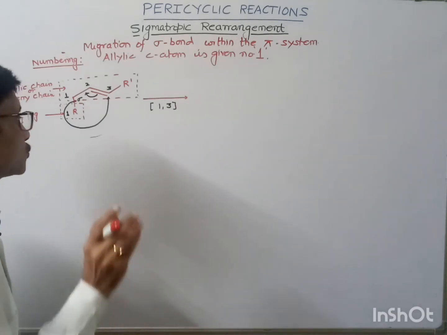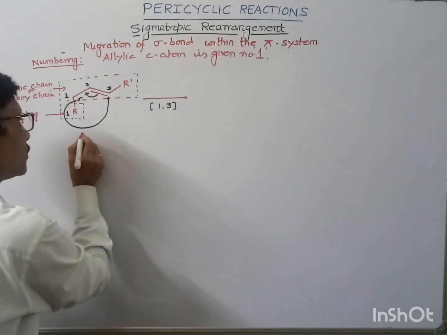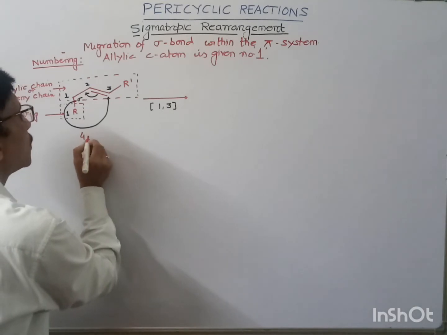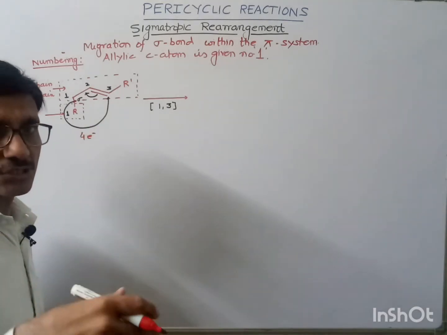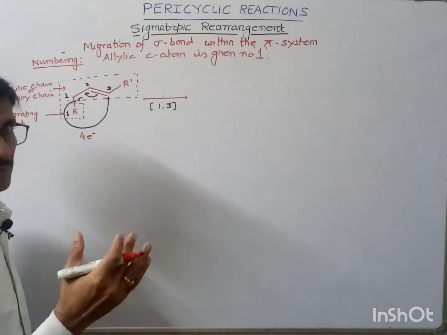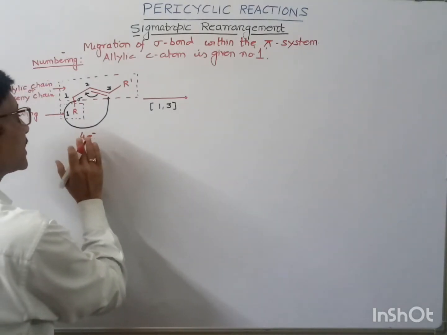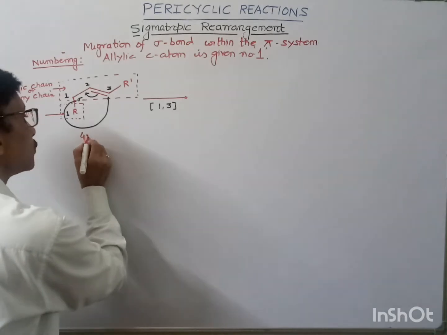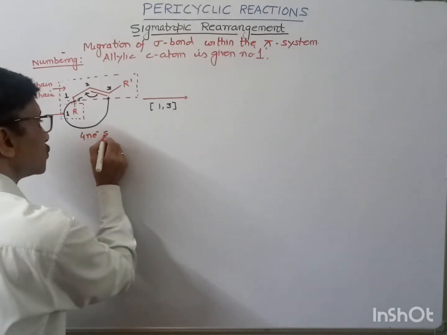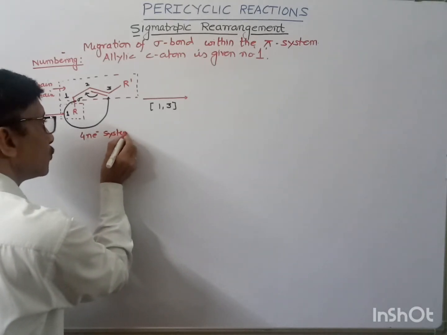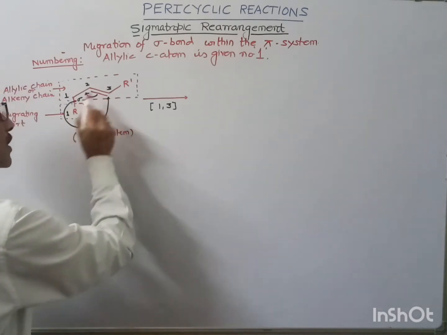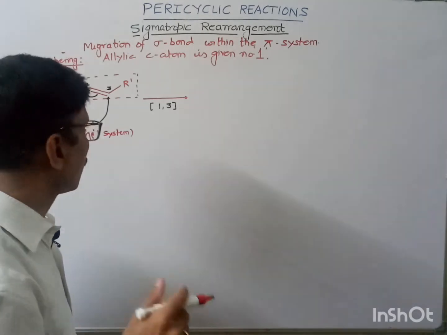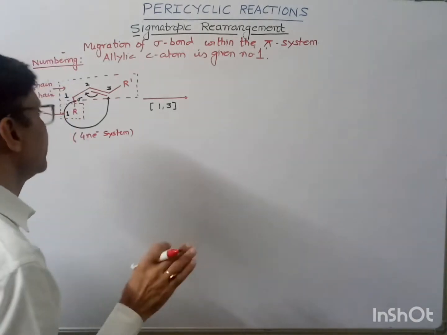So this is an example of a 4n electron system, where n is equal to 1 here, because 4 electrons are involved in the reaction.